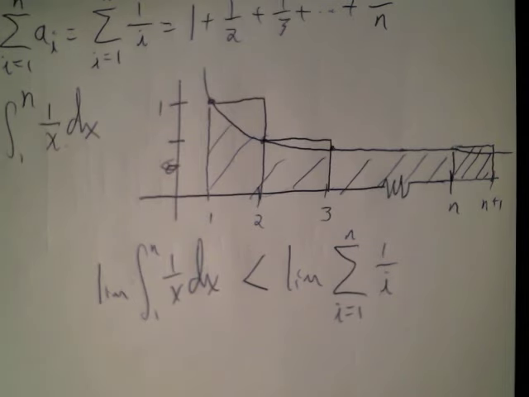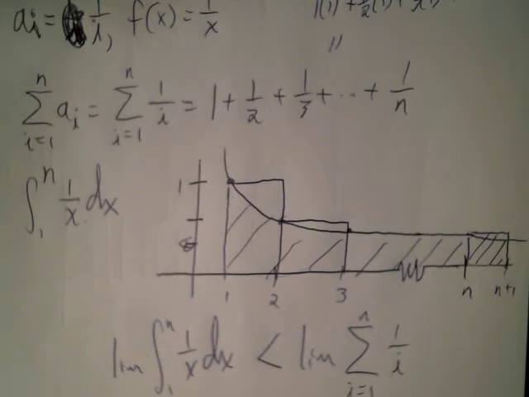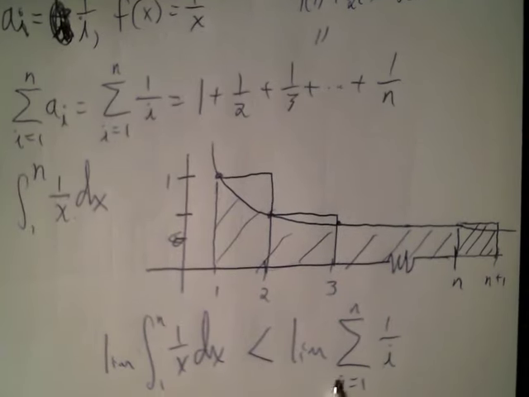And it's a little more technical than that. You have to invoke the monotonic bounded theorem from 9.1, I believe. Yeah, so there's a little more to it than just what I'm presenting, but that's the idea. There's a squishiness of the rectangles.